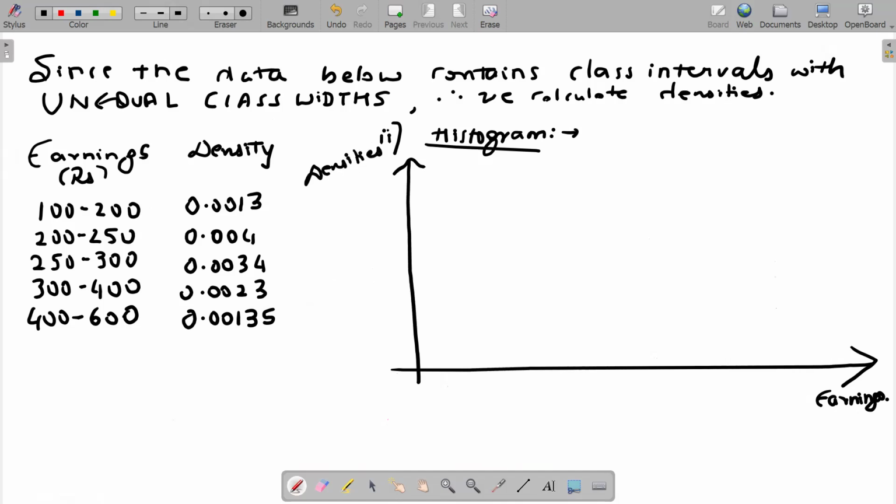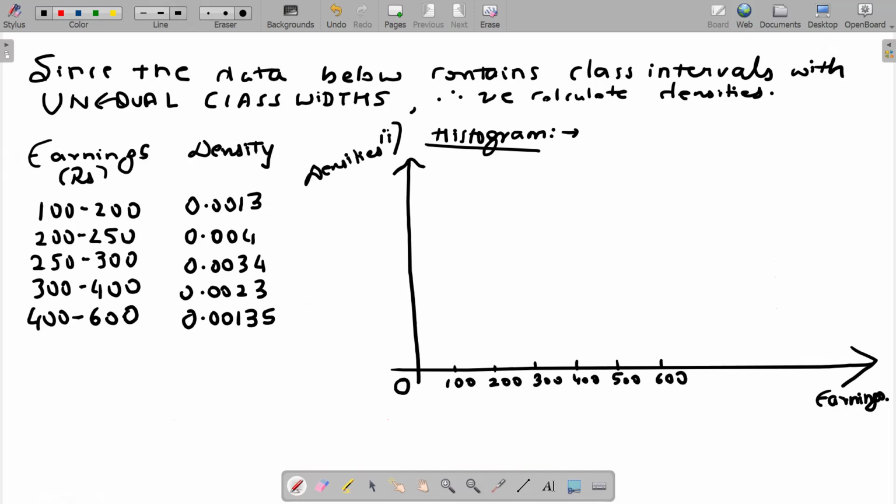Okay, and our class intervals are starting from 100, so I can start from 0 also. So this is 0, then we have 100, then we have 200 with 1 centimeter gap, then we have 300, then we have 400, then we have 500, then we have 600.